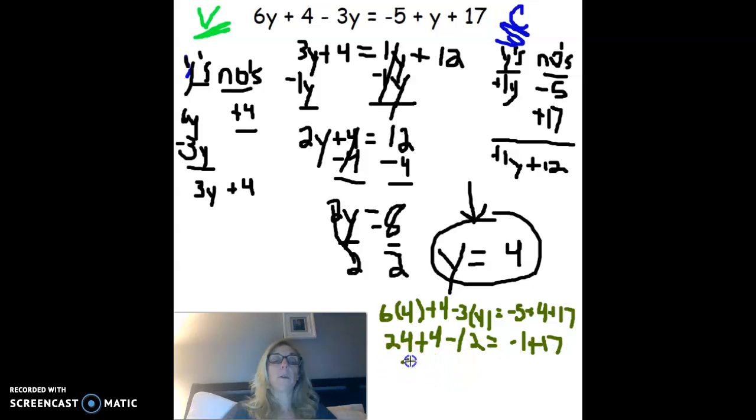Well, 24 plus 4 is 28. And if I take 28 and I subtract 12, well, guess what I get? I get 16. On the other side, if I take -1 plus 17, I also get, woohoo, 16. And guess what? 16 equals 16 in my life. So it checks.